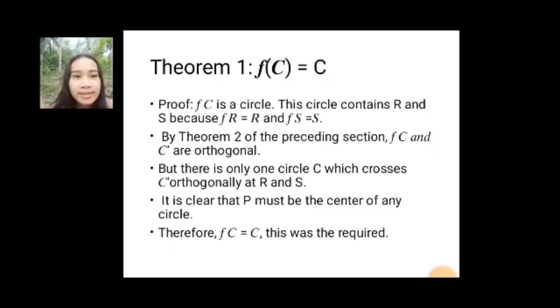This circle contains R and S because FR equals R and FS equals S. By theorem 2 of the preceding section, FC and FC prime are orthogonal. But there is only one circle C which crosses C prime orthogonally at R and S. It is clear that P must be the center of any such circle. Therefore, FC equals C. This was the required.